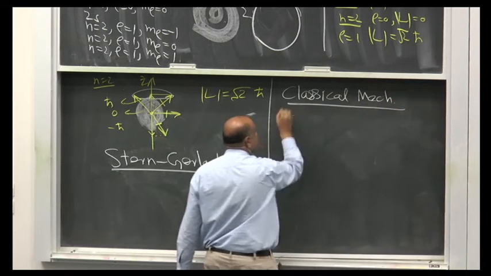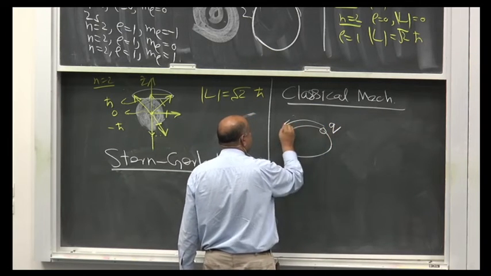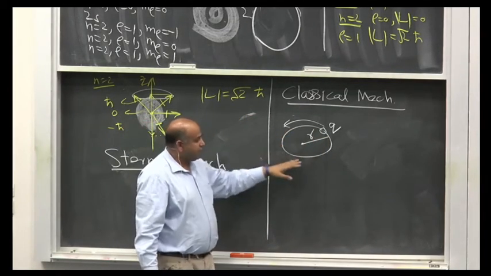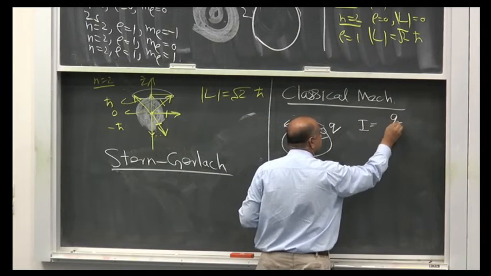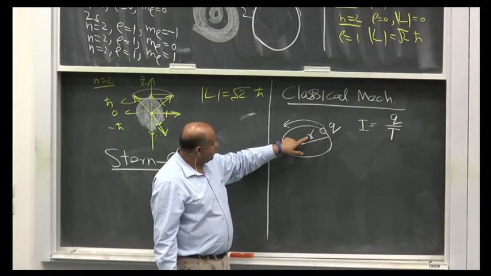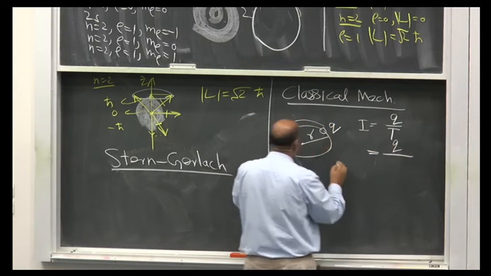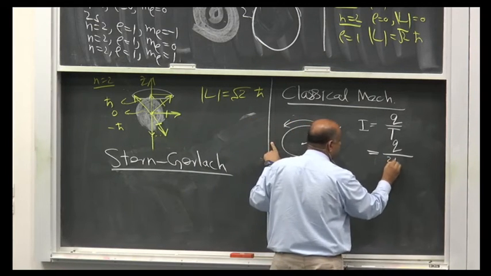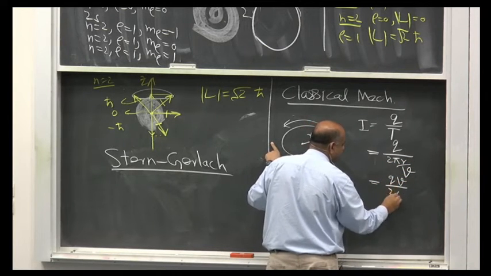So from classical mechanics, we know that if a particle of charge Q is going around in a circle of radius r, it forms a current, and that current I can simply be computed as Q divided by the time period of this motion, and if this radius is r, the time period would be 2 pi r divided by velocity. 2 pi r divided by velocity is qv over 2 pi r.